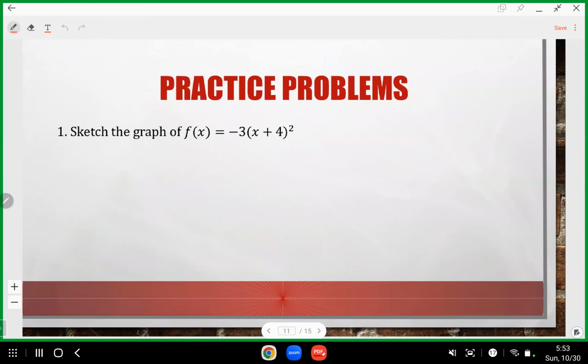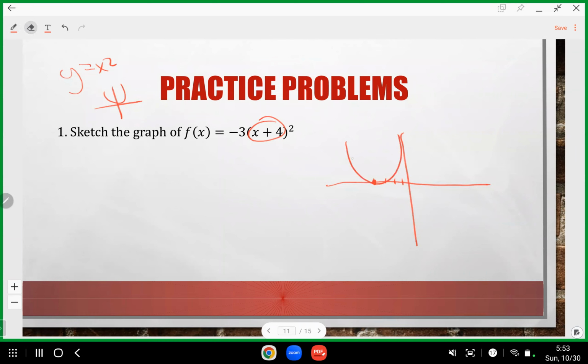So now we can finally graph our own parabola here. First, the parent graph is y equals x squared, right? We know what that looks like. It's going to be a parabola like this. So what we do first is shift horizontally. We're going to shift by 4 units to the left, because we're adding 4, right? Actually, I have to plot these points. I'm not going to plot directly. All right, so parabolas kind of look like this.